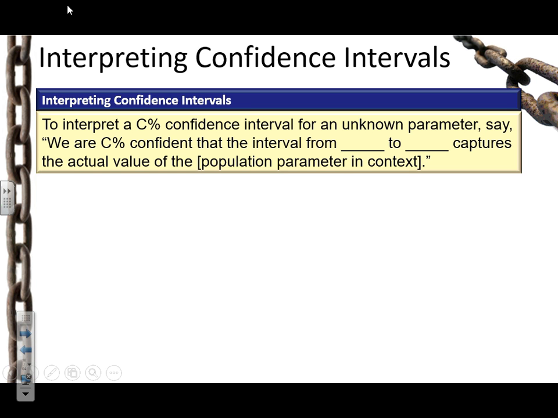So it's what confidence level you are using. You're going from low value to high value, and you're capturing the true proportion, or the true mean of whatever. That's where the context comes in. So that ending point is where it's going to change the most, is what context are you working with.